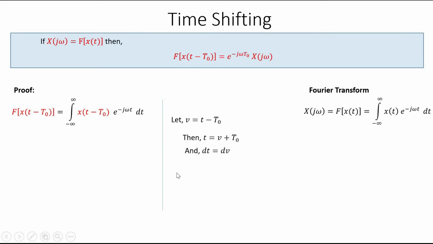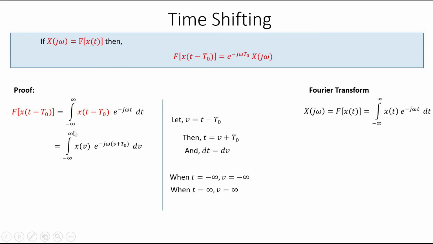Now v equals t minus t0, so when t equals minus infinity, v equals minus infinity minus t0, which becomes minus infinity itself. When t equals plus infinity, infinity minus t0 is still infinity. So the limits are again minus infinity to infinity.